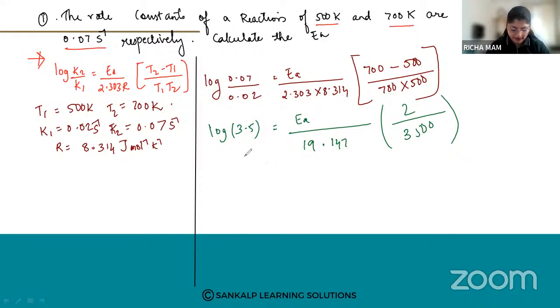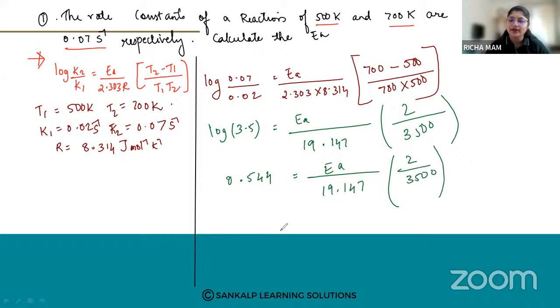Next step. Stepwise you have to do it, don't get confused. Log of 3.5 is 0.544, equal to EA by 19.147 into 2 by 3,500.